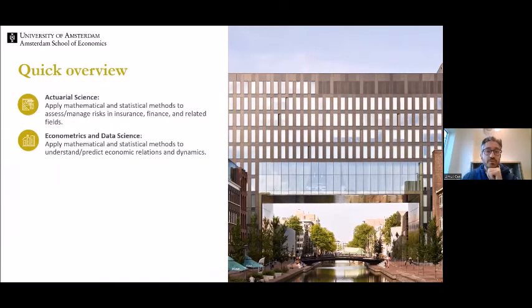So, a quick overview of the programs. What are these two programs about? Let's start with Actuarial Science. It's all about applying mathematical and statistical methods to assess or manage risks. And when I say risks, think of financial risks like in insurance, in financial investments, in pensions and related fields.